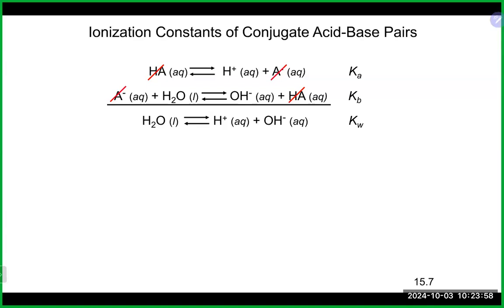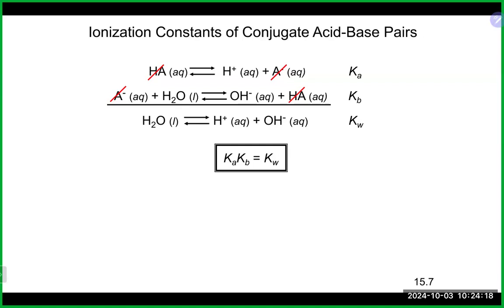So there's a nice relationship that if you take the Ka value and you times it by the Kb value, because as we talked about before, when we add equilibrium reactions together, you do what with the K values? You multiply them, right? So if you take the Ka times Kb, that equals the Kw.